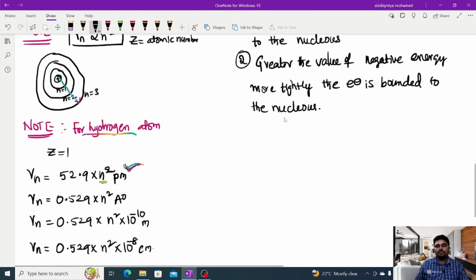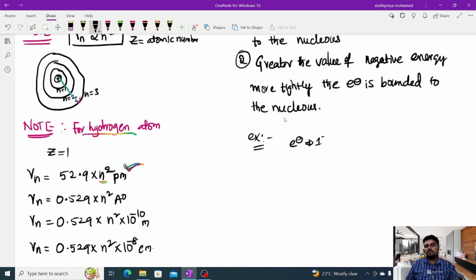For example, let us say one electron is present in the first shell, and for this one I am saying minus 1200 kilojoule per atom energy is there.